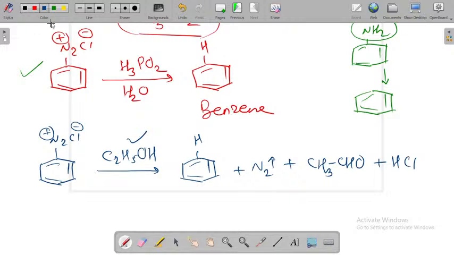Also, if you try to write down the byproducts, I think I have not given them here. The byproducts are nitrogen, then H3PO3, hypophosphoric acid, and then HCl.